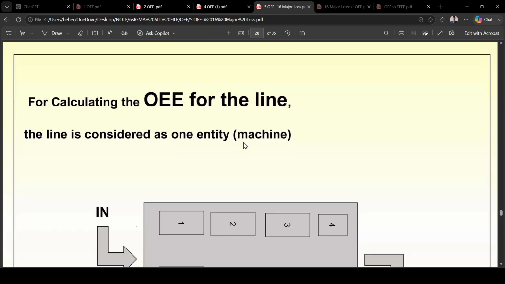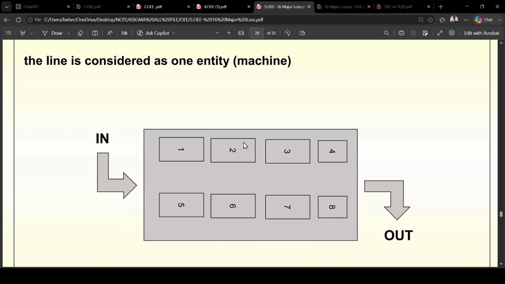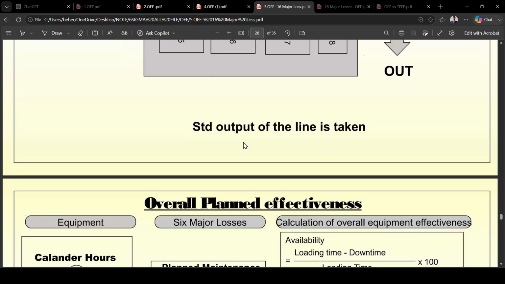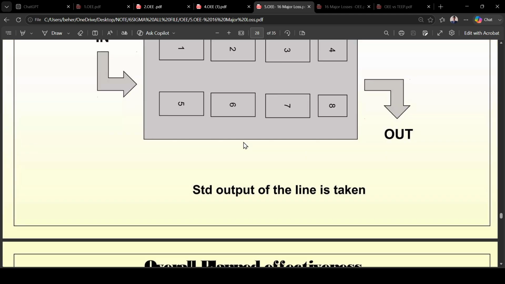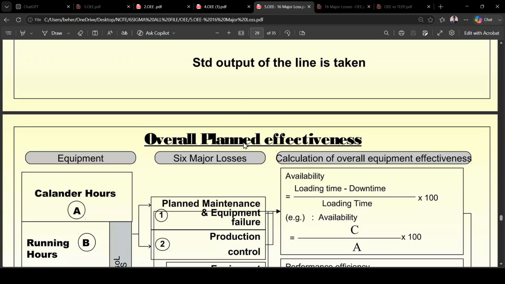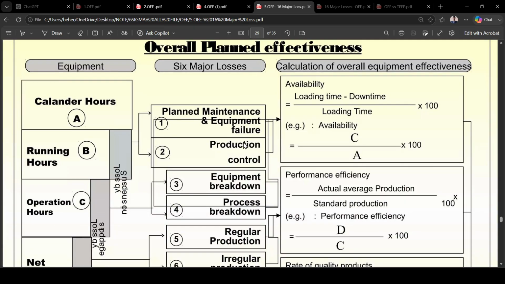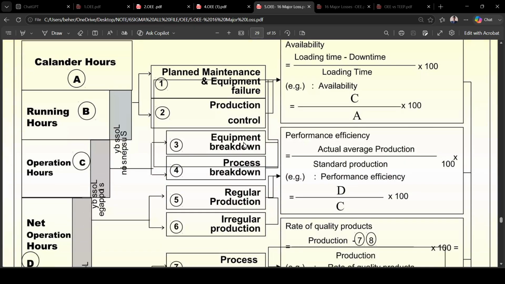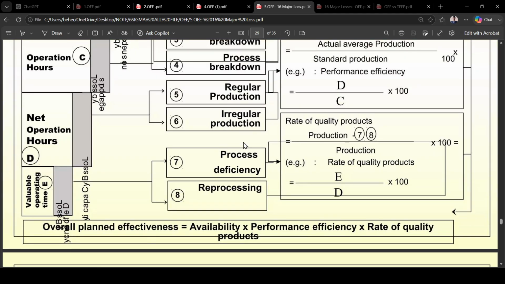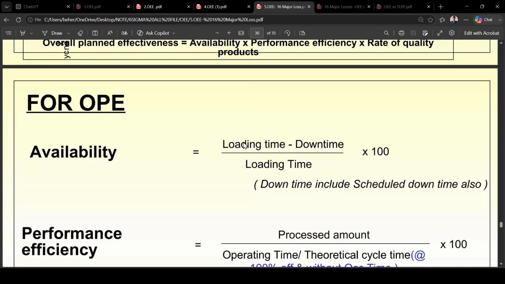For calculating the OEE for the line, the line is considered as the entity, mentioned in or out. Setup out, and overall plant effectiveness, OPE.